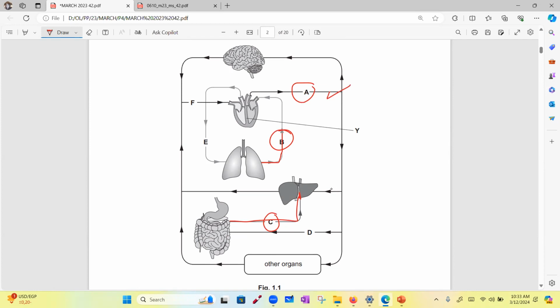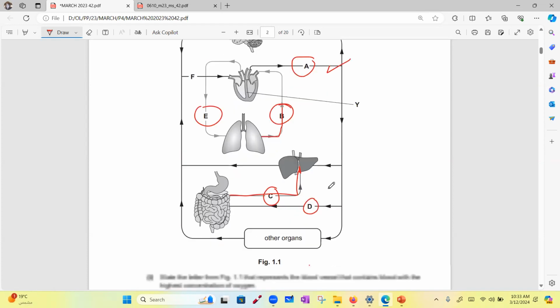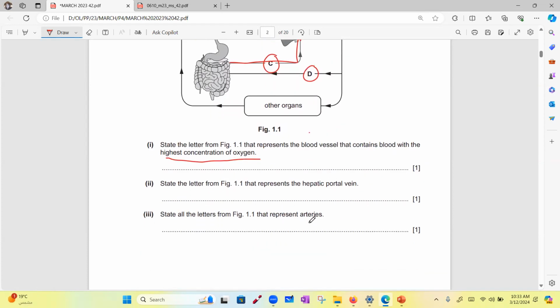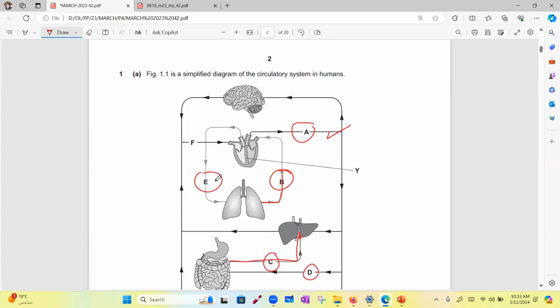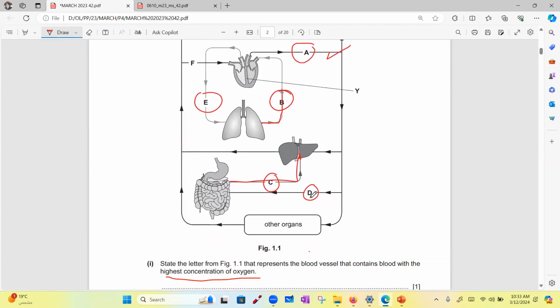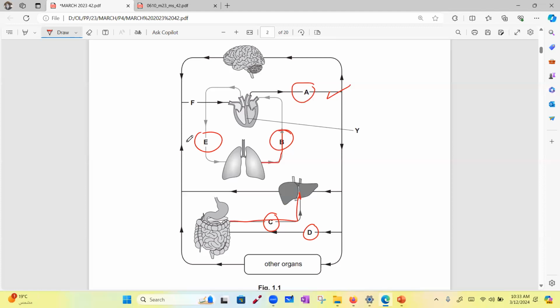A. Y is what? Y is the septum. E. Yes, E is an artery. They did not say oxygenated. And D. Yes, that represents arteries. So it is A and E and D. Fine? There is no letter here. This is a vein.